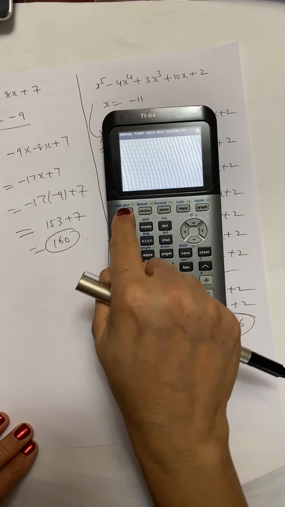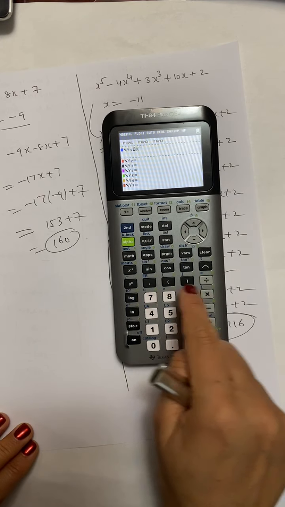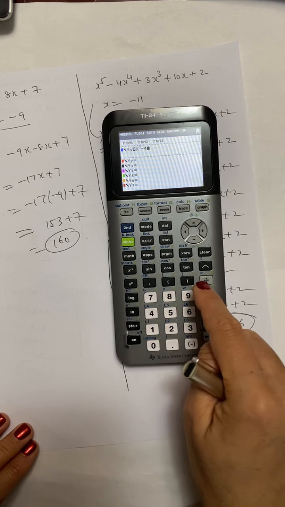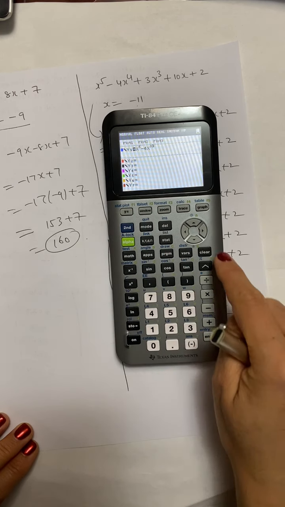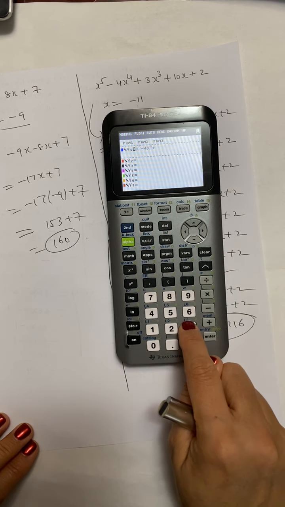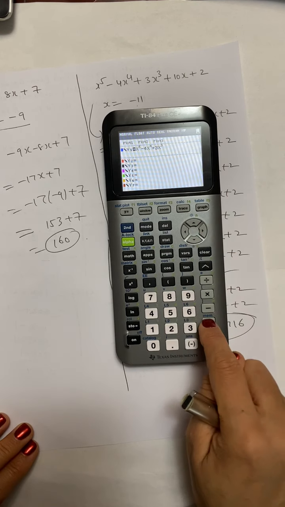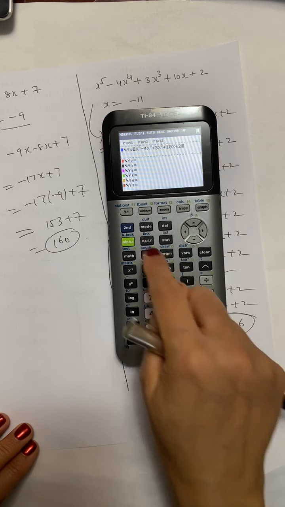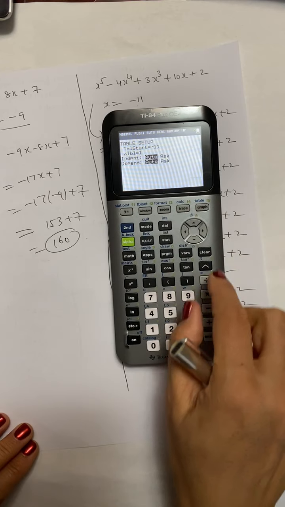So if you have here x to the power of 5, negative 4x to the power of 4 plus 3x cubed plus 10x and plus 2.